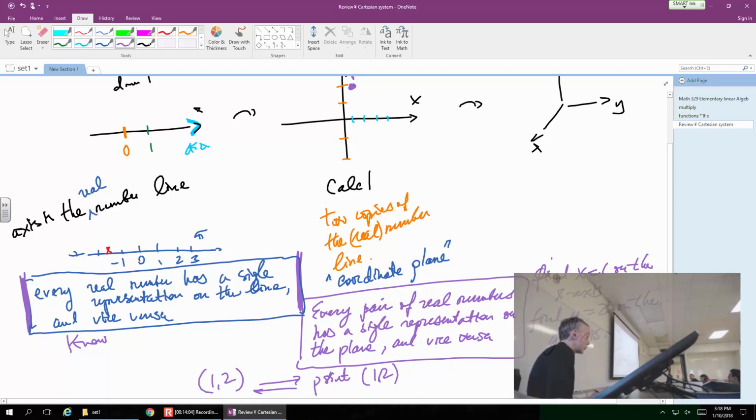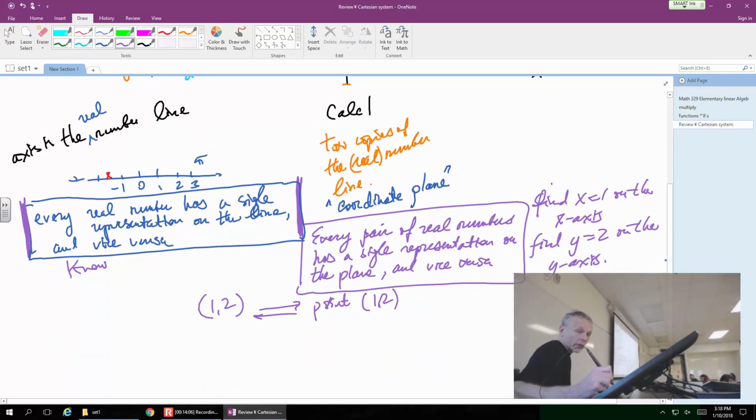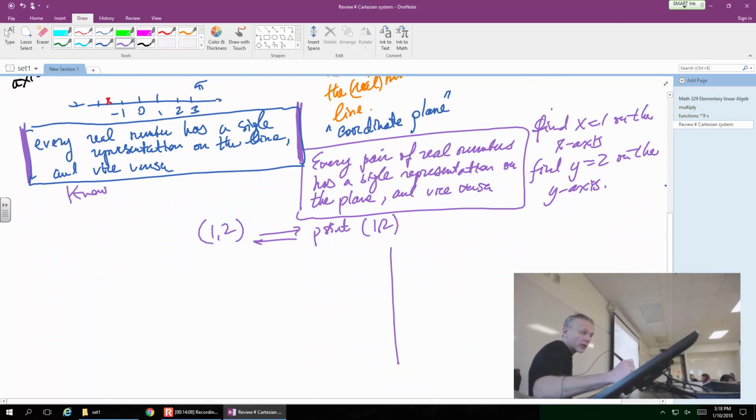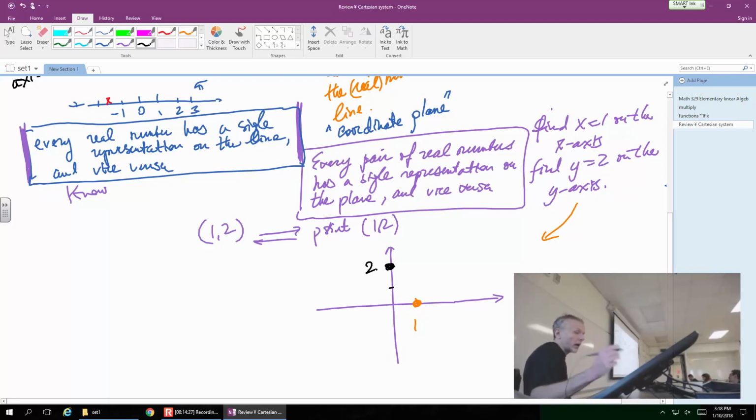To begin with, our understanding of the coordinate system in dimension 1 comes into play here. So this is 1 over here. I found that point 1, and I found the point 2 here. Okay, certainly not the end of the story. So what's next?